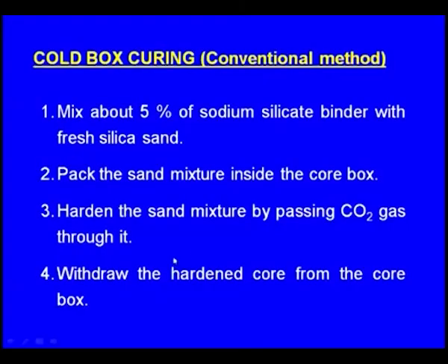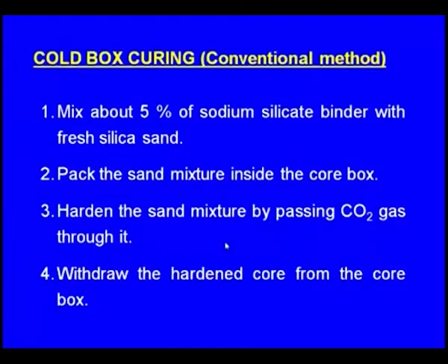Now, harden the sand mixture by passing carbon dioxide gas through it. The carbon dioxide will be passed around the molding sand that is packed in the core box, and it will be hardened. After that, withdraw the hardened core from the core box, and then place it inside the mold. So, this is the procedure for making a core using cold box curing.